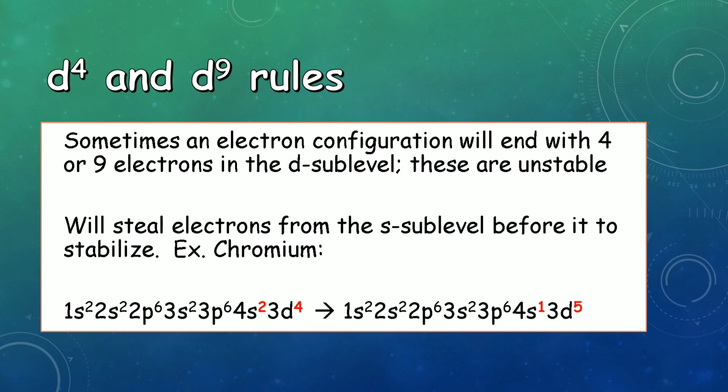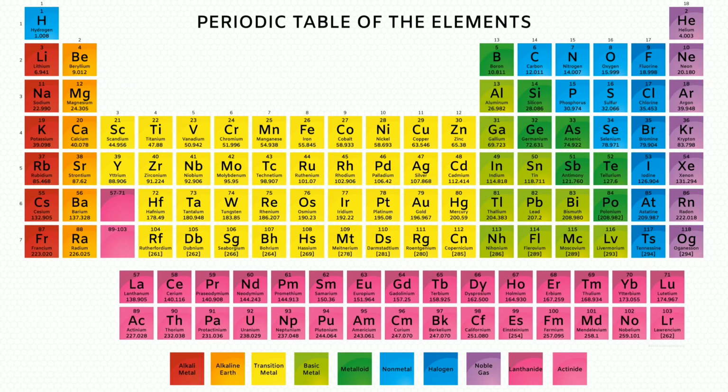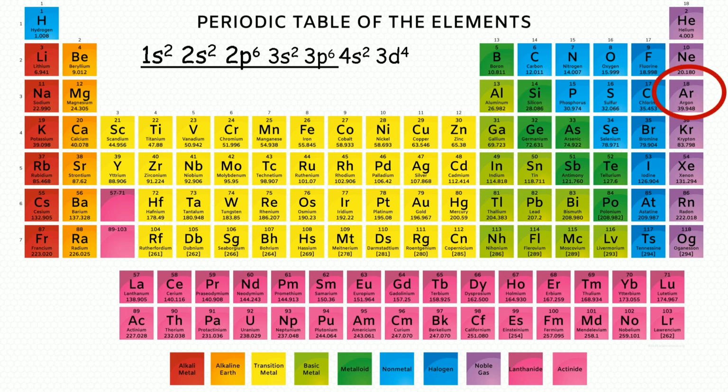Okay? If we're going to write the noble gas configuration of this chromium kasi napakahaba, ito yung mangyayari. Okay. Again, the configuration of the chromium is this one. Diba? Yun yung original niya eh. Ano ang magiging noble gas configuration ni chromium?